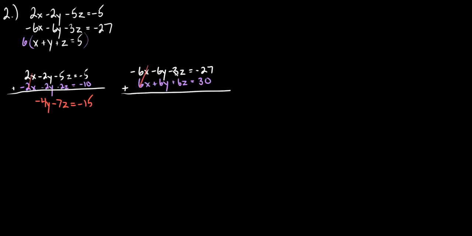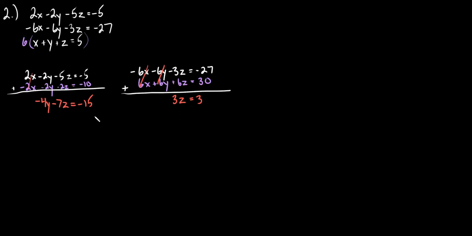But this is actually kind of a nice thing that happened right here. -6y plus 6y is also 0, so that cancels out as well. -3z plus 6z is a +3z. -27 plus 30 is a +3. So in this case, not only did our x's cancel out, which we wanted, the y's actually canceled out too.